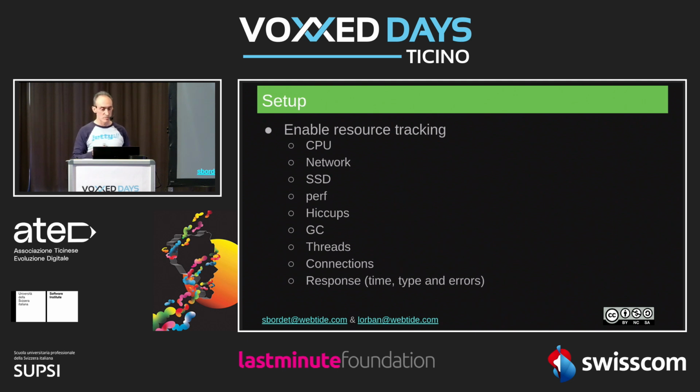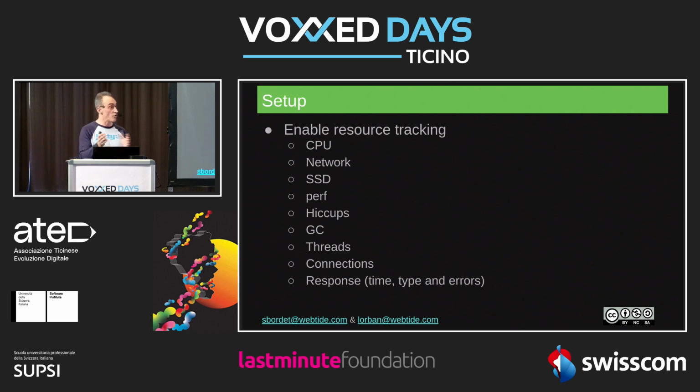And you want to monitor CPU, you want to monitor network bandwidth consumption, you want to monitor SSD, you want to use perf on those machines to understand all the metrics related to CPU event counters. You want to use jHiccup to understand whether your system is undergoing hiccups that can show up in the graphs and all the data gathering that you're doing in the response time, for example.